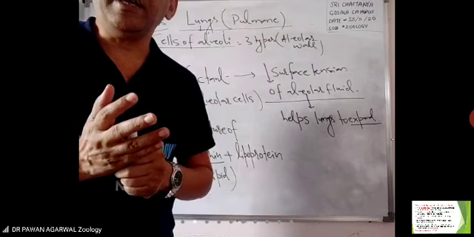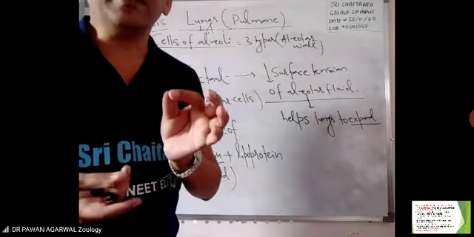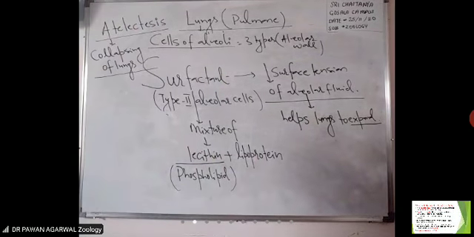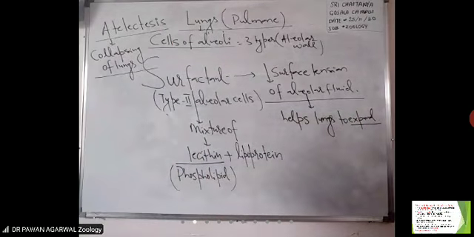Get it? Collapsing of lungs or alveoli is known as atelectasis. And during atelectasis, the person will feel suffocation because the lungs are unable to expand.